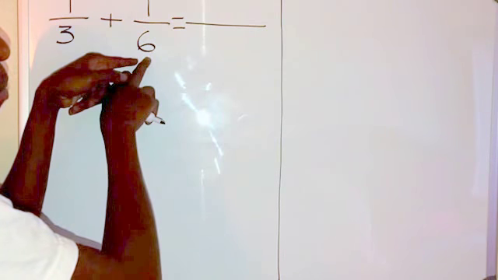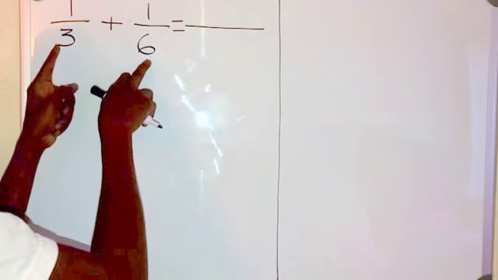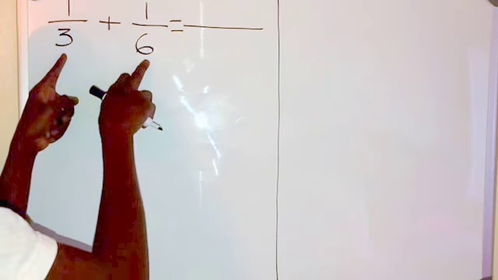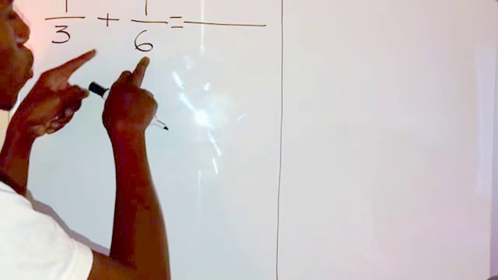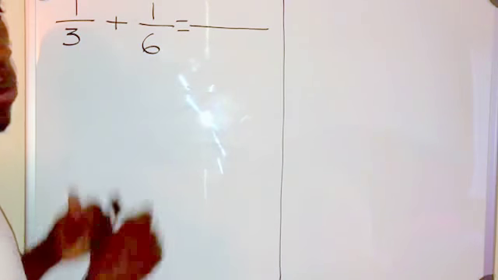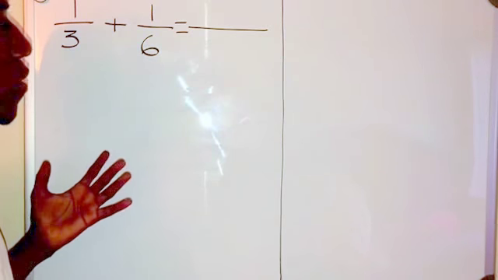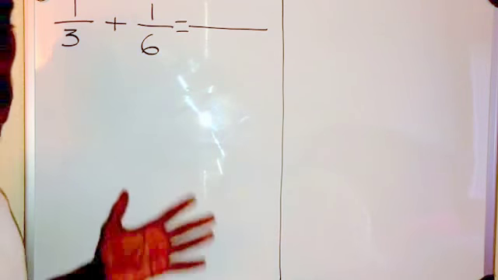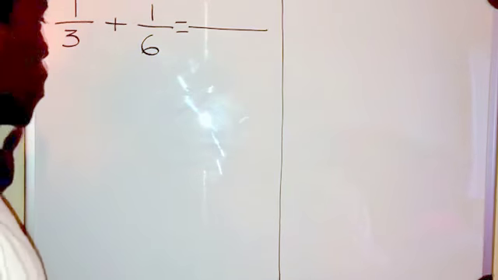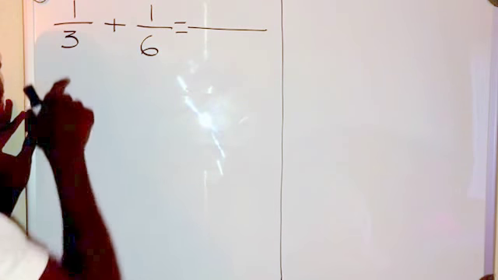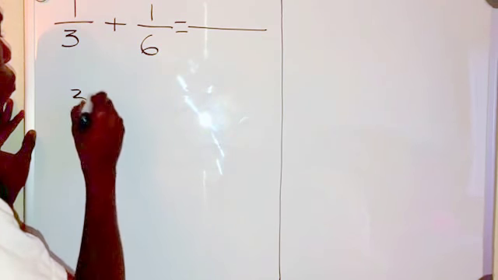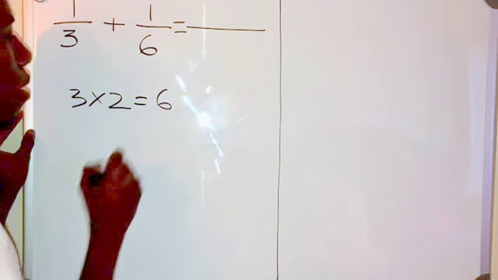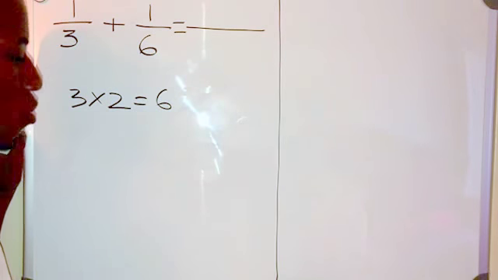What I mean by that is, can I multiply the smallest number by another number to give me the biggest number? In this case, we can say yes, because if we multiply 3 by 2, that's clearly gonna give us 6, right? Okay, I know you got that.